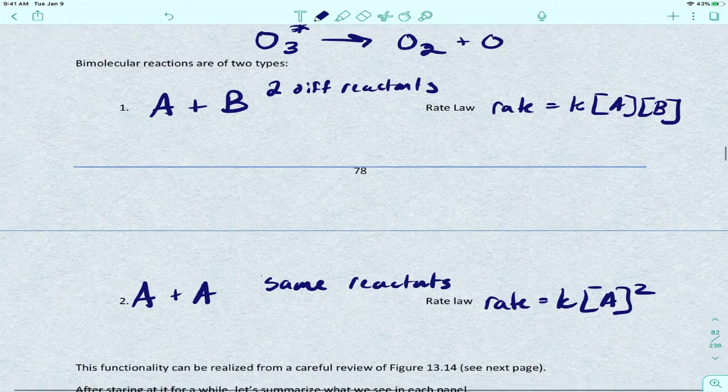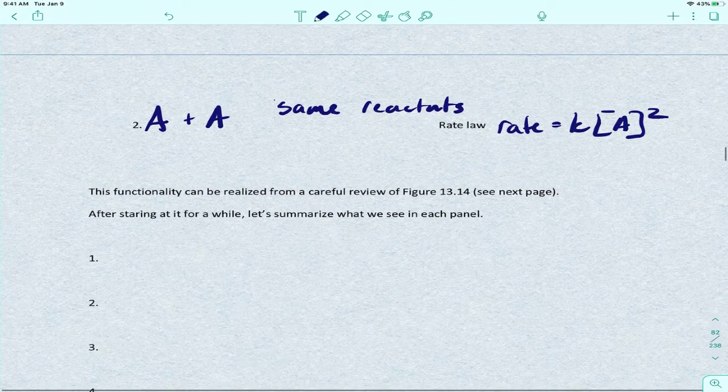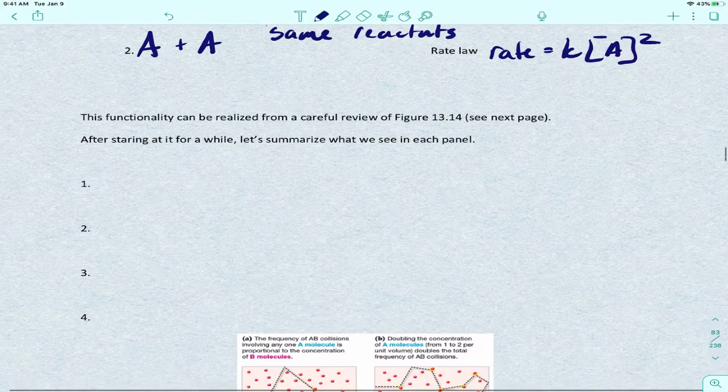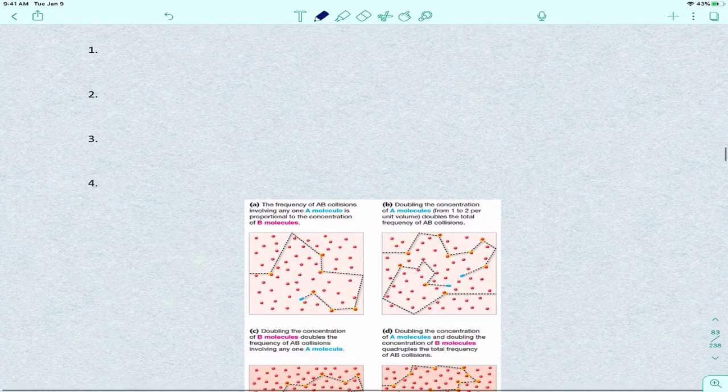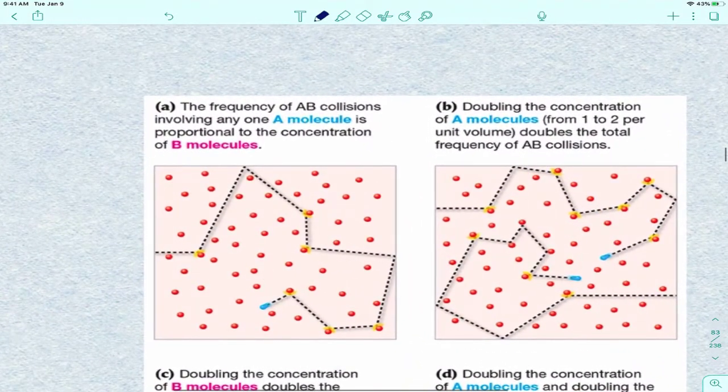Now, this can actually be realized if we take a look at the image down below. Let's take a look at what we got. So here's our first picture, and all these red molecules we refer to as B. What we're looking at is the frequency of A-B collisions involving any one A molecule.